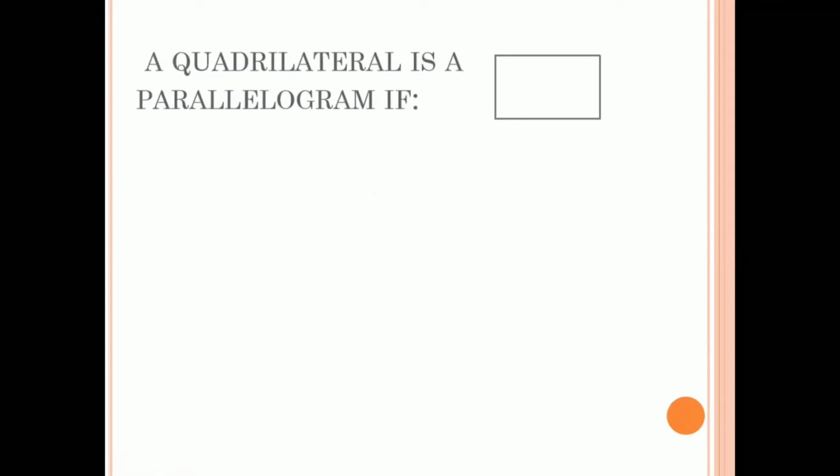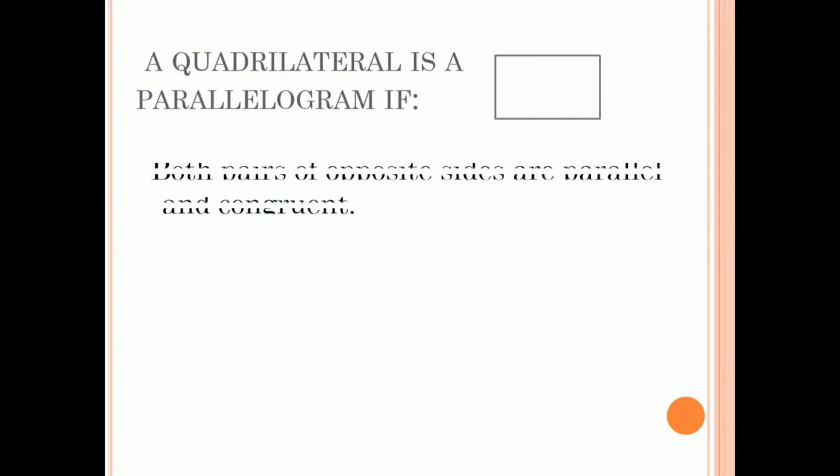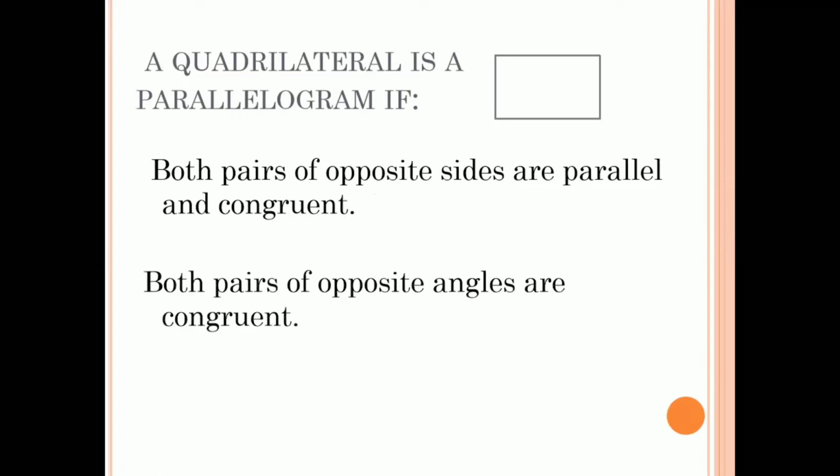So how are we going to identify if a quadrilateral is a parallelogram? This is the definition. If a quadrilateral is a parallelogram, both pairs of opposite sides are parallel and congruent, as I told you earlier.